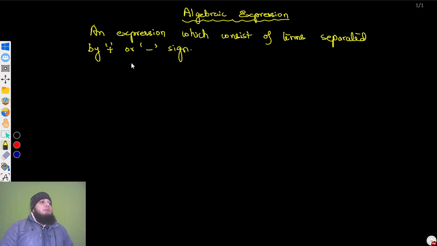Okay, so separated by plus or minus sign. Now, if we talk about what terms basically mean, if we see this term, it is made up of two components.